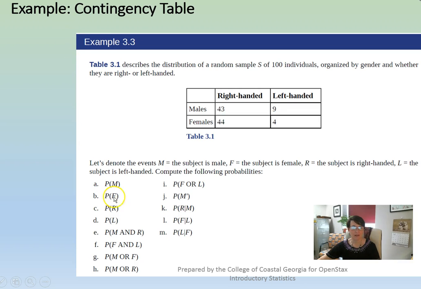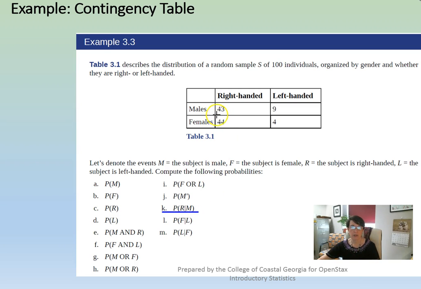Let's jump down to one of these other ones, and I'm going to let you work through these at your leisure. Maybe one of the ones that is just a little bit crazier. Let's look at this: the probability of right-handed happening after we've already decided that the pool we're drawing from is the males.